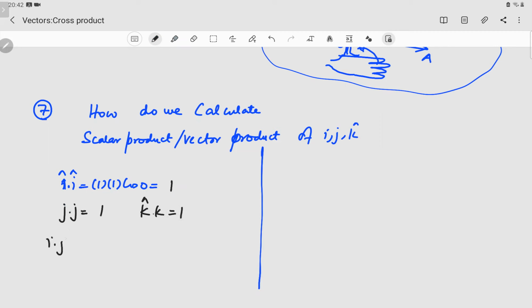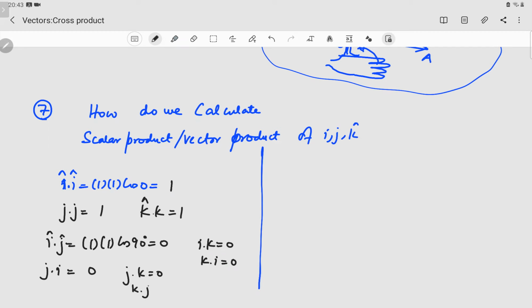And i dot j, being perpendicular to each other, their dot product is 0. j dot i is 0. i dot k is 0. k dot i is 0. And j dot k is 0. And k dot j is 0. So here you have applied the concept of scalar product to the unit vectors.